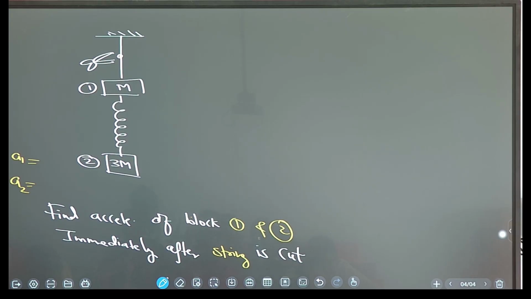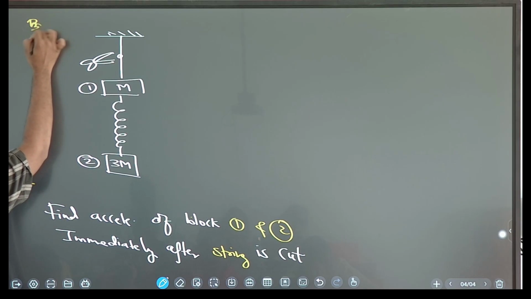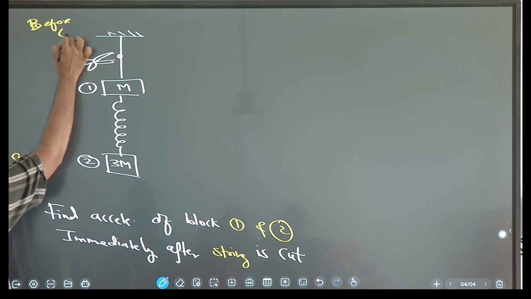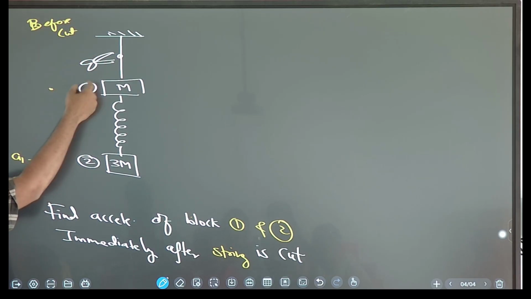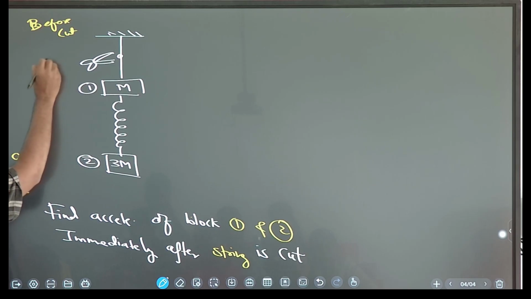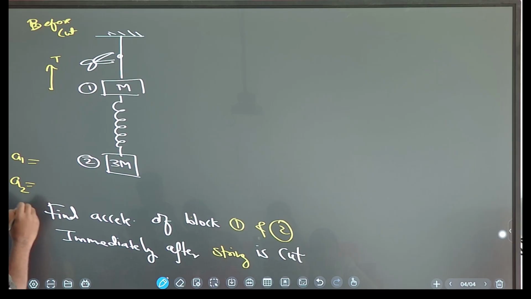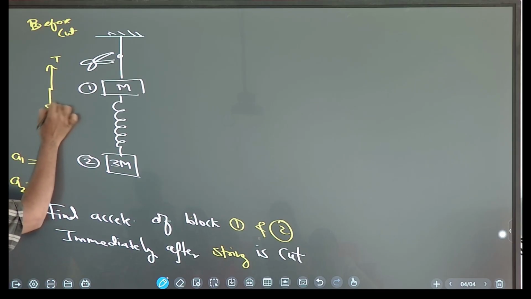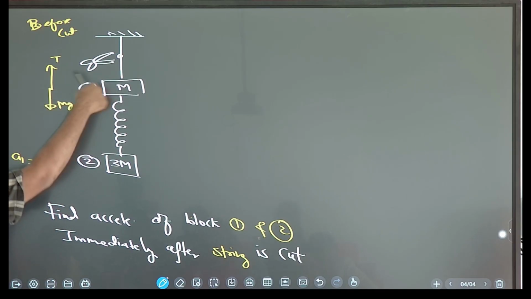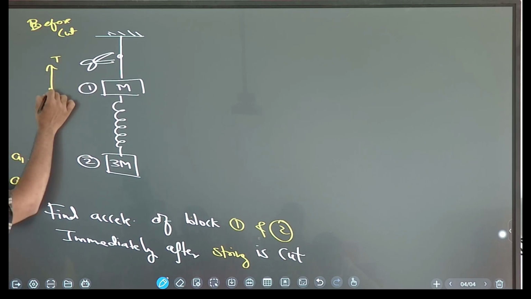So think like this. Before the cut, what is the situation? You can tell what is the tension before the cut. 4 mg. Good. So for block 1, tension upward, mg downward, Fs downward.